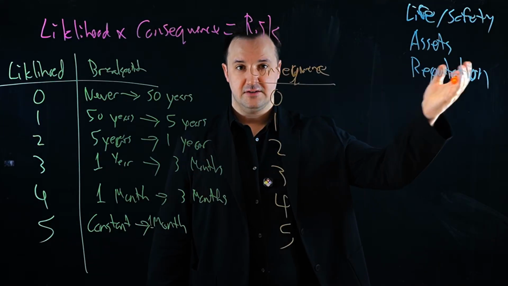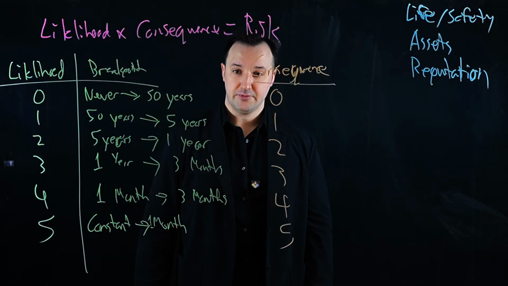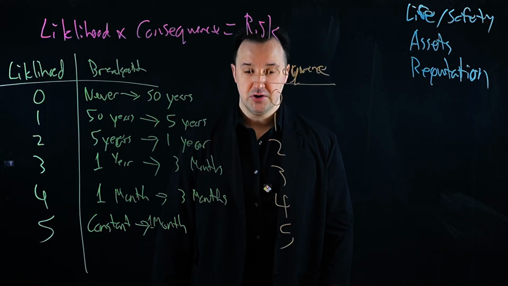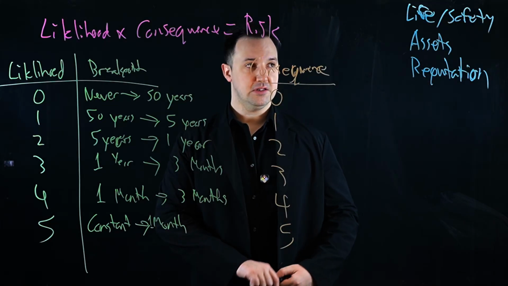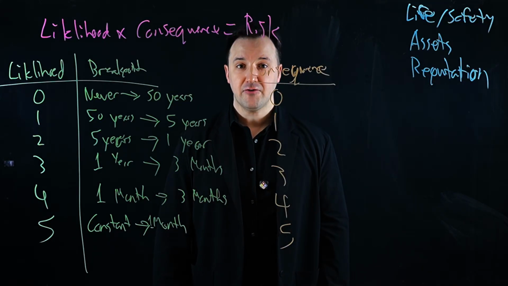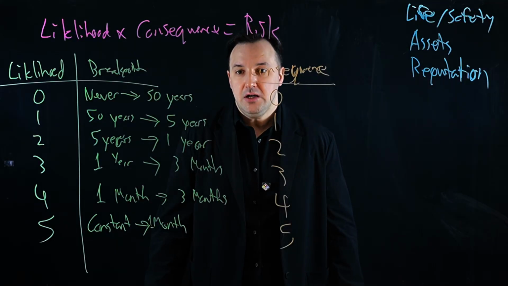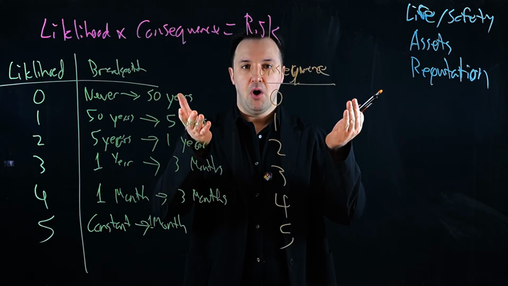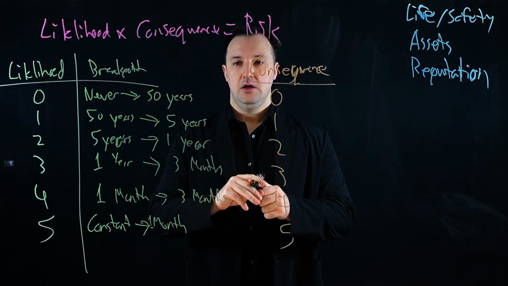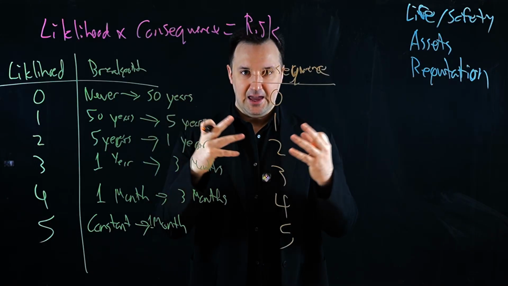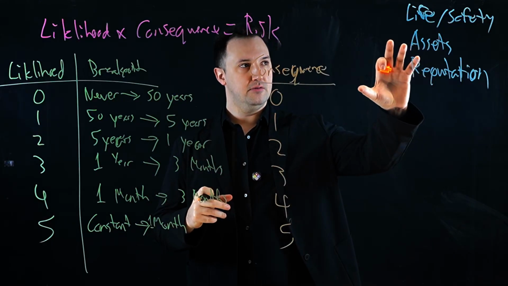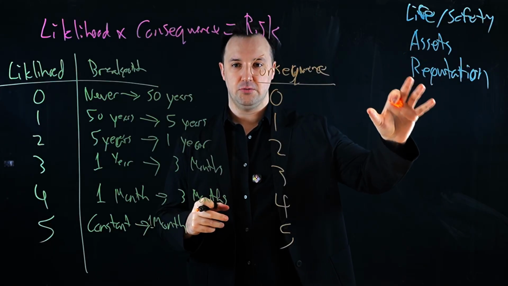Same thing for assets, same thing for reputation. And then you're going to have to decide, let's say I have a power outage and it's a 1 consequence for life and safety and a 5 consequence for assets. Is it a 1 or a 5? Is it a 3? Because you have multiple consequence numbers now. This creates layers. So figure out which one of these you want to focus on.